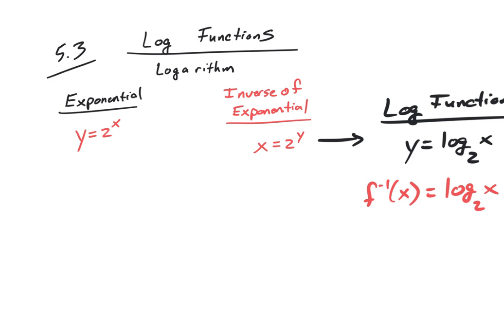Okay, now, when we do this, and this is probably one of the most important things that we're going to do as we talk about logs, and eventually we're going to talk about solving log equations and things like that. If I were to write out an exponential equation, and I'm only going to do this with variables. The first one I did with numbers so you could see what's going on and where it comes from.